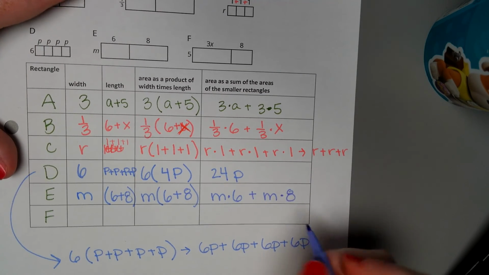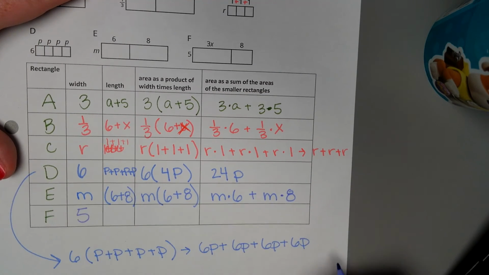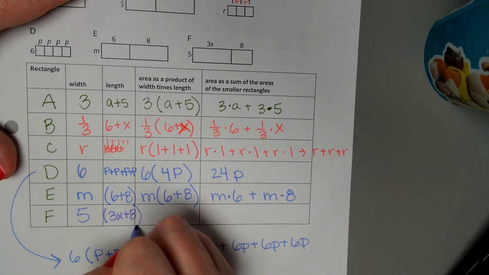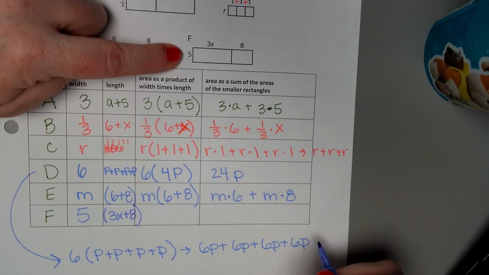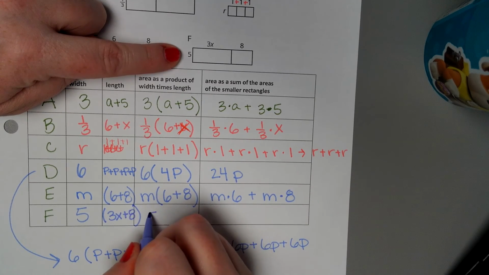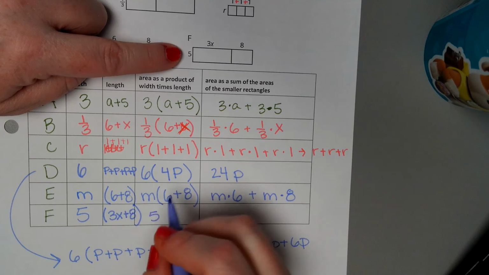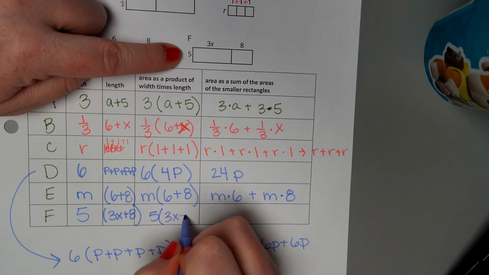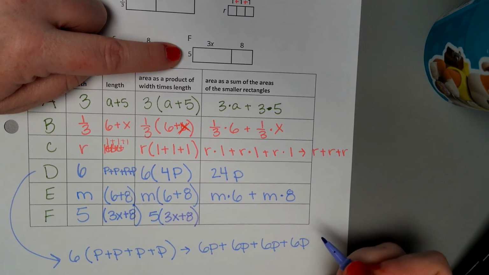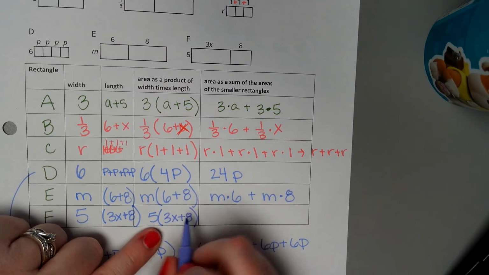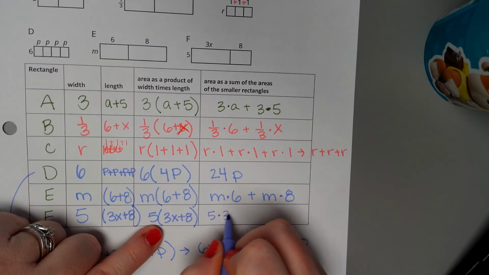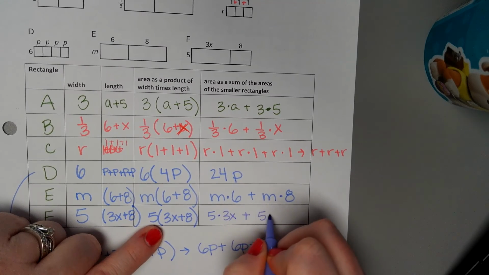And then F, we have 5, and we have 3x plus 8. And I'm just going to rewrite it. So 5 times 3x plus 8. Rewrite it again. So they're individually 5 times 3x plus 5 times 8.